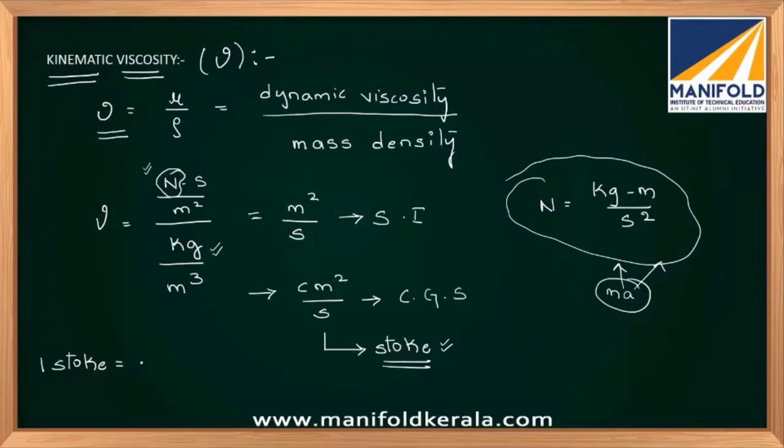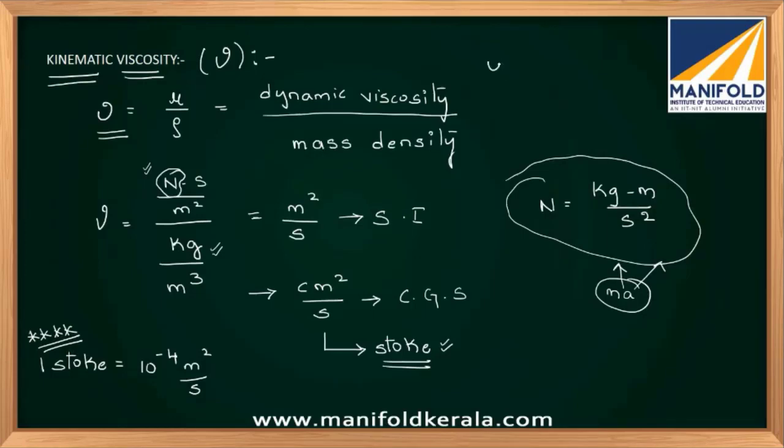It should be 10 power minus 4 meters square per second. A very, very important transformation you need to remember. 1 poise is 0.1 Newton second per meter square, and 1 Stoke is equal to 10 power minus 4 meter square per second. Very, very important concept.